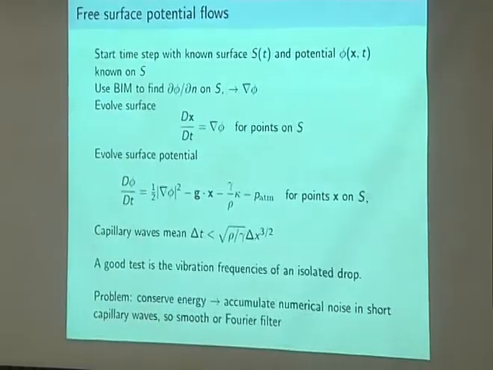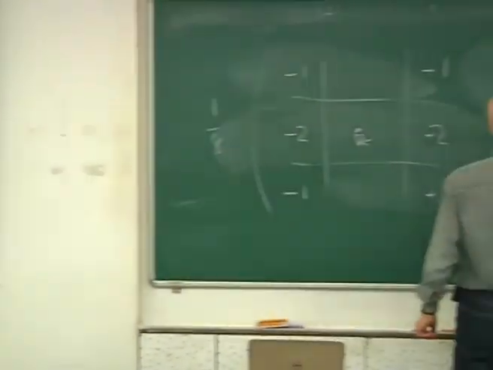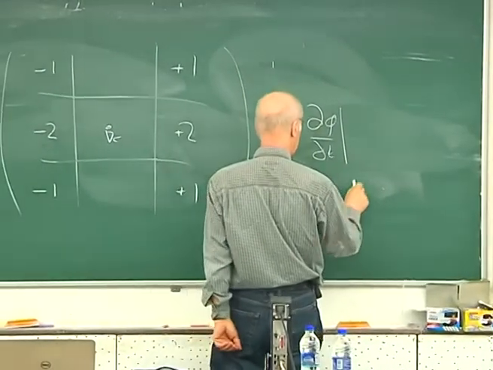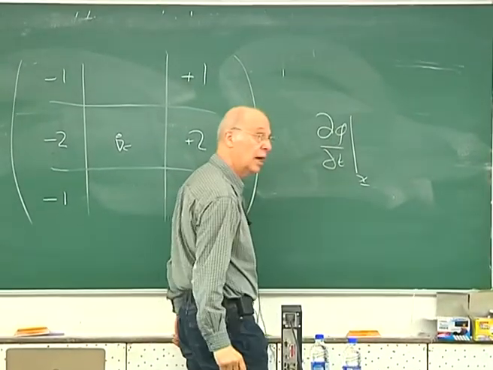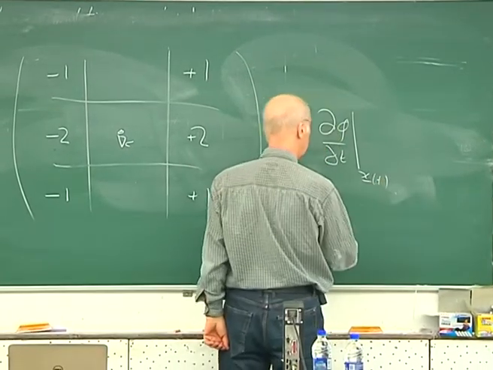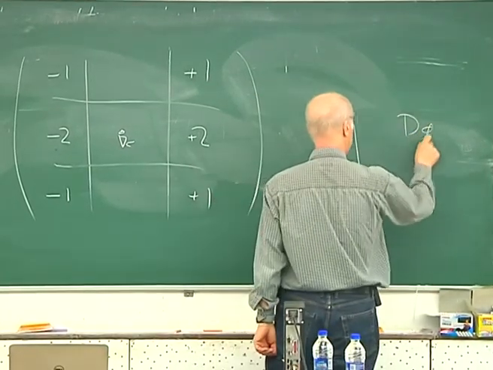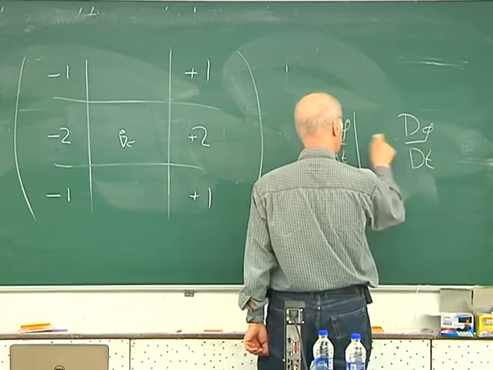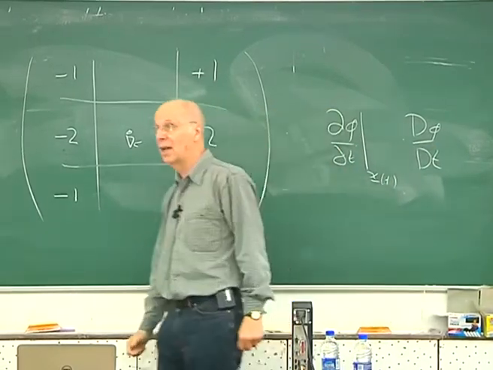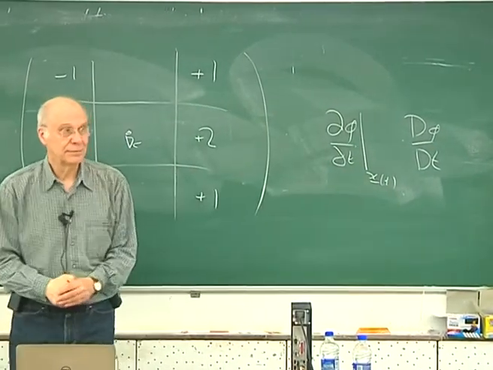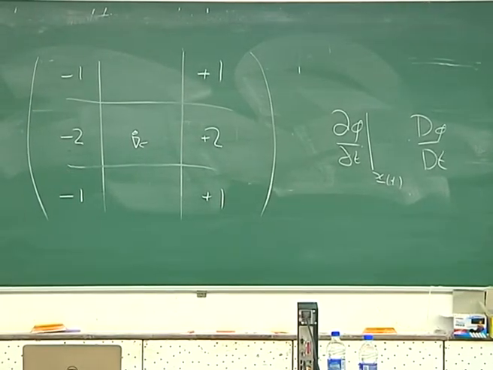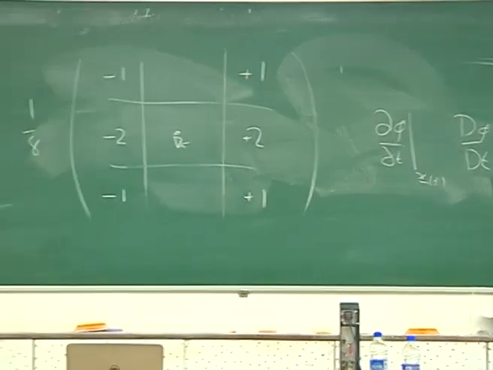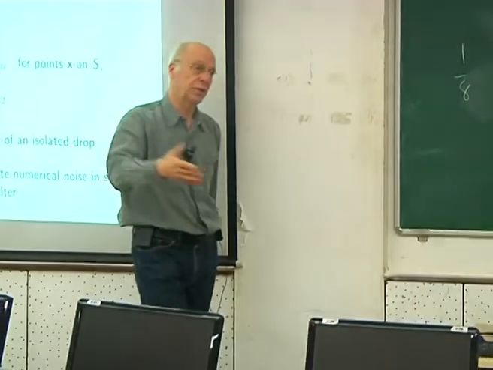However, I don't want to know phi by dt at a fixed space position. I've got a moving space position where we write it as D phi by Dt, and the difference between those two is a half grad phi squared. So I've got the correct sign here. Okay. So this time steps phi on the boundary, and you just continue.